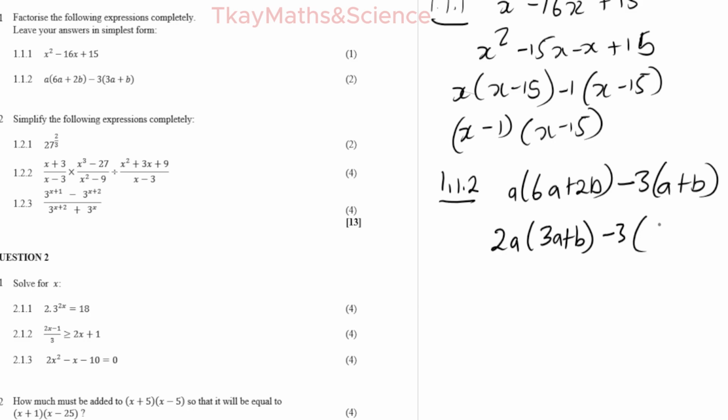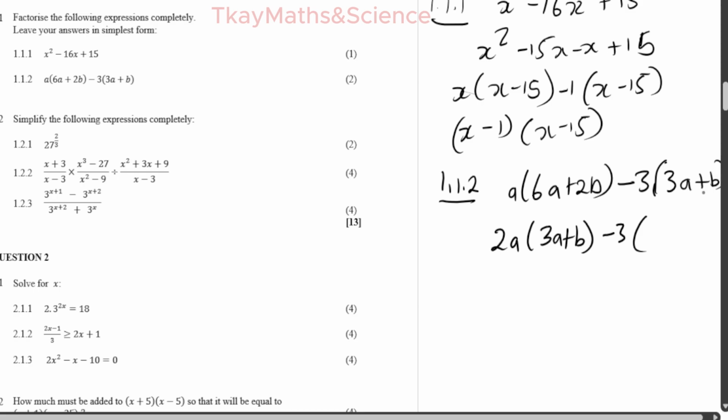Okay, so 3a. Okay, we didn't take it right here. So let's just rewrap it, because I see we left a 3a here. Okay, so we're gonna come here. 3a plus b.